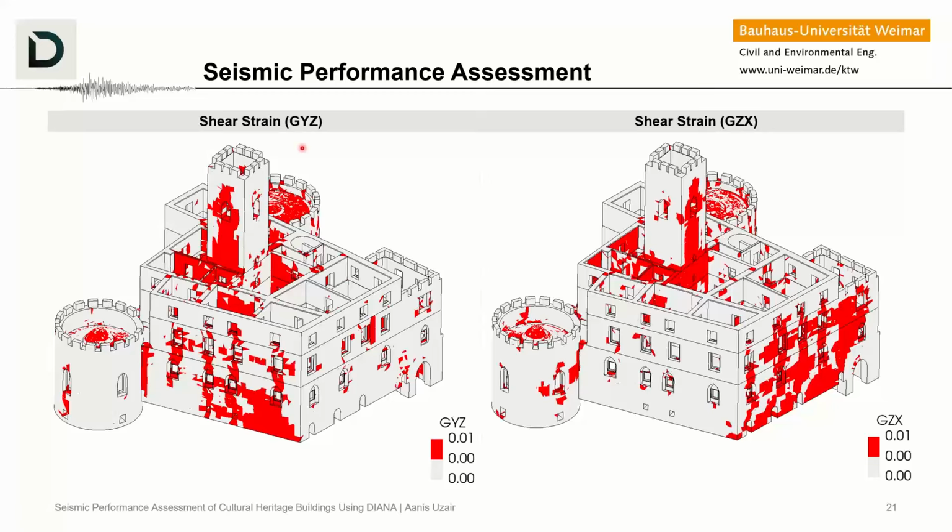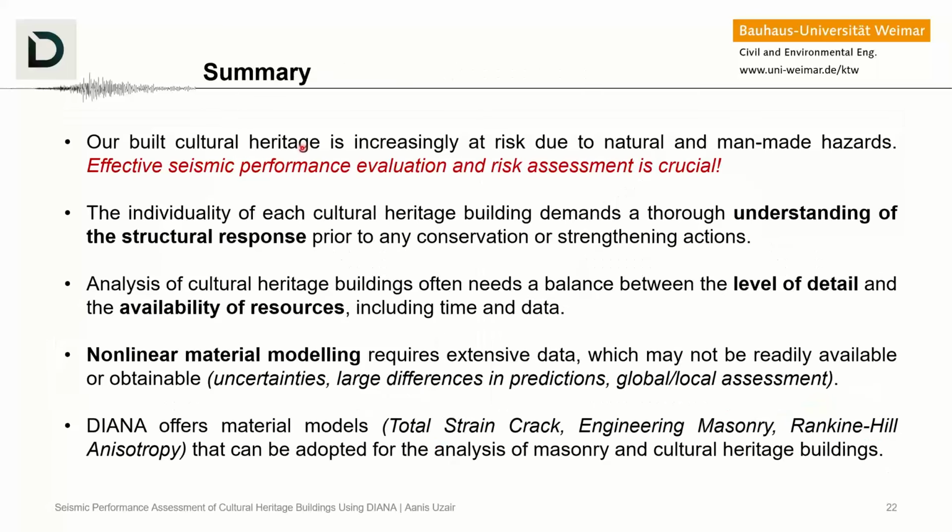So a sub-level model would allow a better representation of the crack pattern, but a global level model only helps you understand the structural response in a global way without going into the details of how a crack propagates, or if the cracks are shear cracks or tensile cracks in a very detailed, sophisticated manner.